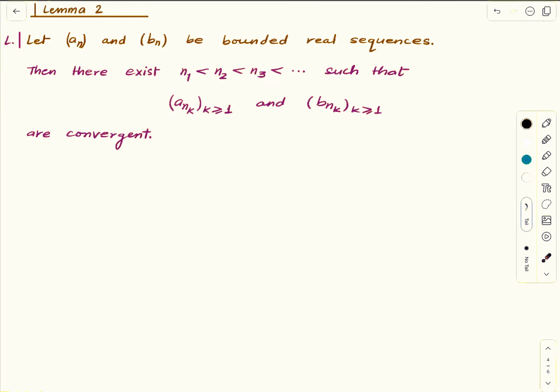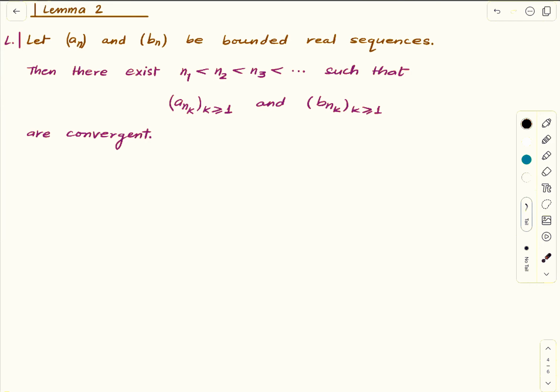This is saying a little bit more than the Bolzano-Weierstrass property. The Bolzano-Weierstrass property says that starting with any bounded real sequence, you can find a convergent subsequence of it. So both a_n and b_n admit convergent subsequences, of course. But what we are saying is that you can choose a simultaneous subsequence which converges.